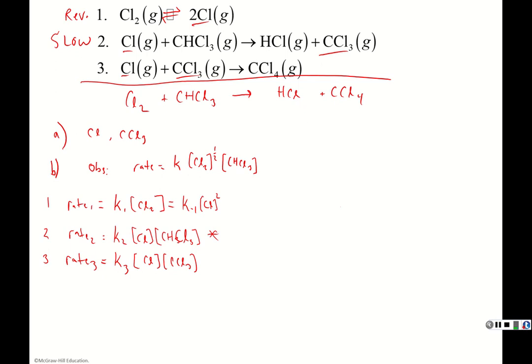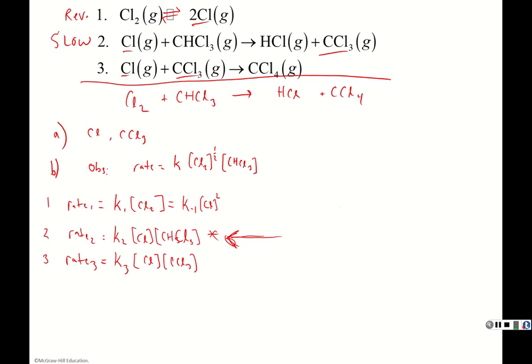Okay, so if we look at what we really want here, we want to use this rate law because that's our rate limiting step. The problem is there's a concentration of an intermediate in there, so we need to get rid of that. The easiest way is to look at the rate law for the first step in this mechanism, because that's only dependent on the Cl concentration.